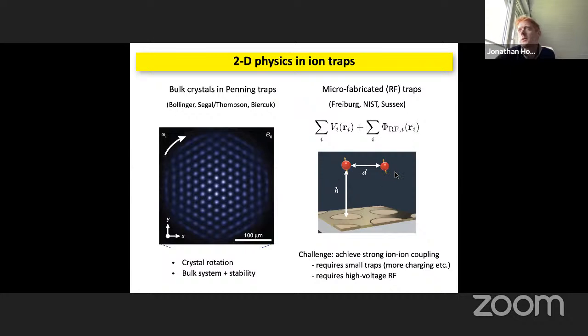There are people with about 3 sites, and they are thinking about how to scale this up. It has some challenges. One is that it requires small traps. In order to get things tightly packed, you typically have to bring them close to the surfaces, which is where you get more noise for the motion from heating. And for the RF traps, it requires high voltage RF signals, which is a source of heat dissipation. I'll return to this.